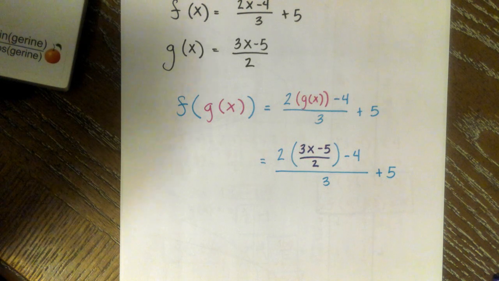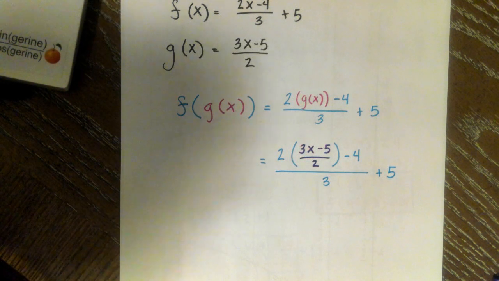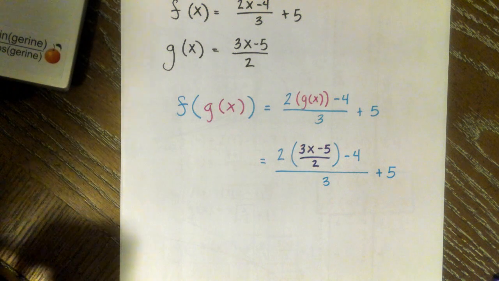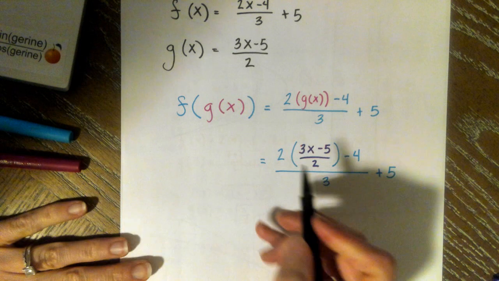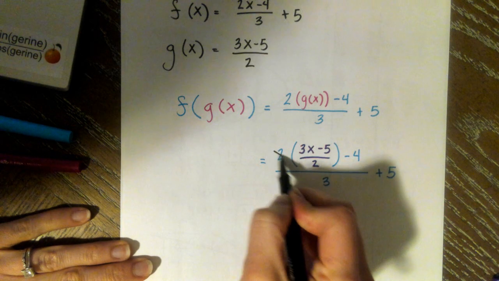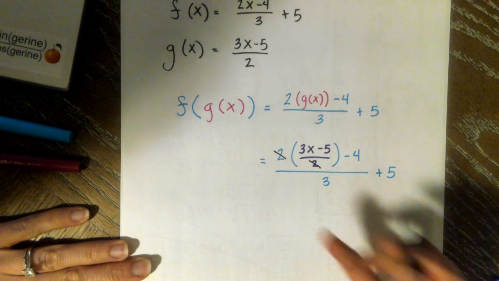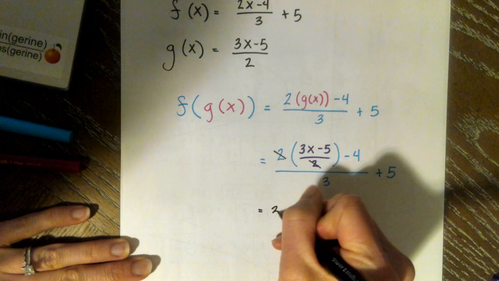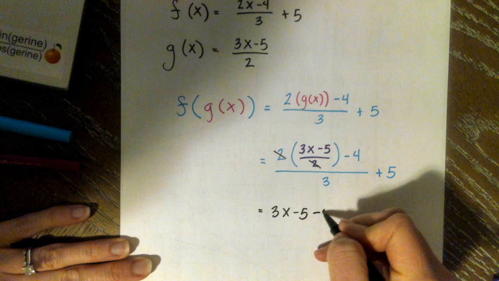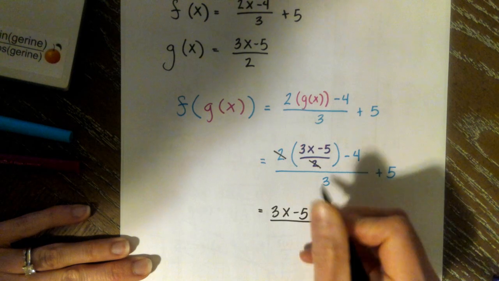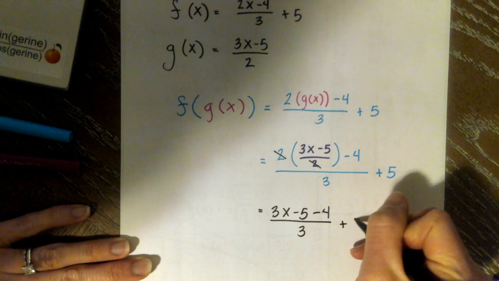Now we look to see what we can cancel out. Is there anything that undoes each other? So here I see a 2 and a 2. So multiply by 2, divide by 2. So I'm left with 3x minus 5 here, and then minus 4 all over 3 plus 5.